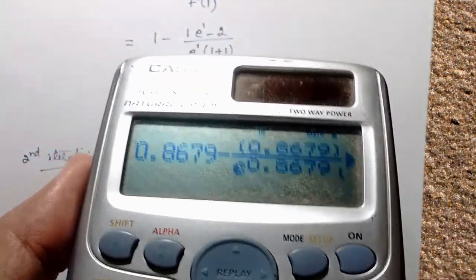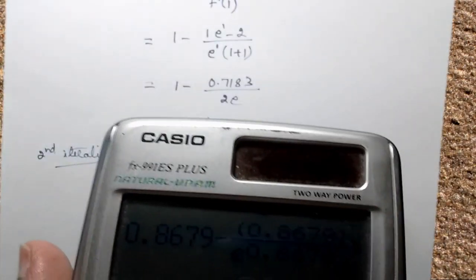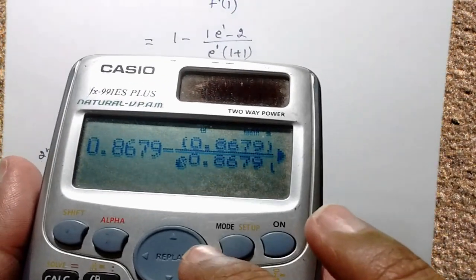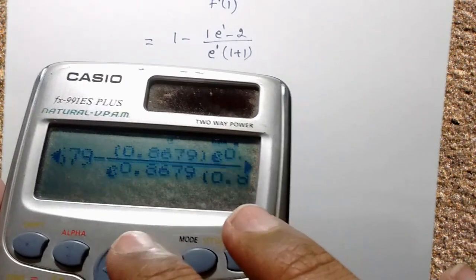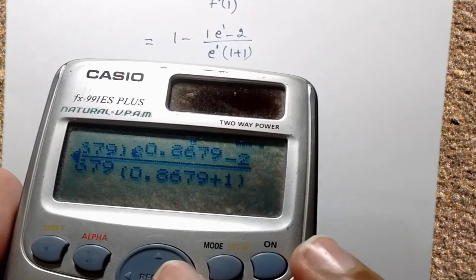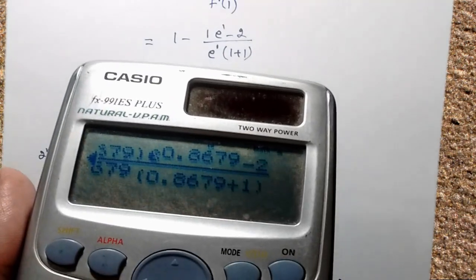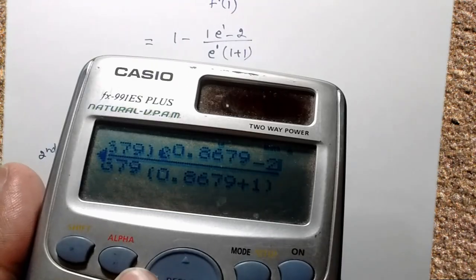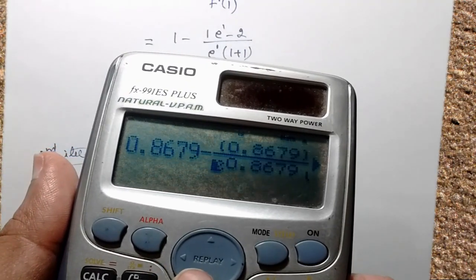The value that I have typed is 0.8679 minus, in the numerator, 0.8679 into e power of 0.8679 minus 2, that is the numerator value, divided by the denominator value. So what is the denominator value you have?